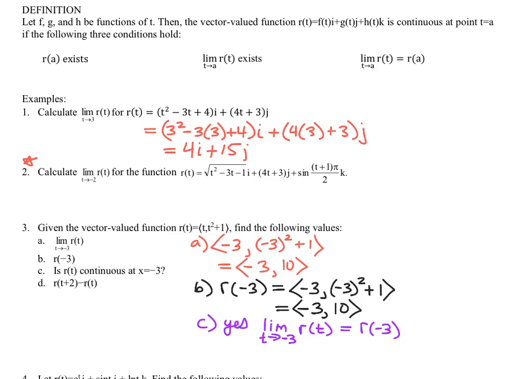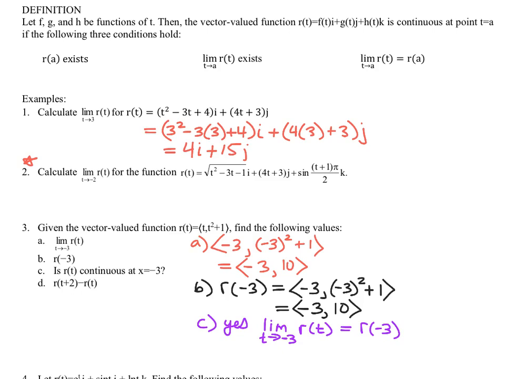All I did was copy and paste it, and I changed my f's to r's and my x's to t's. You get the idea. So I took the f of x notation and made it r of t notation. That's the only difference. Because you need to show that a point exists. If it's going to be continuous, the point has to exist, because if it doesn't exist, there's going to be a hole, or an asymptote or something like that. You need to show that the limit exists.